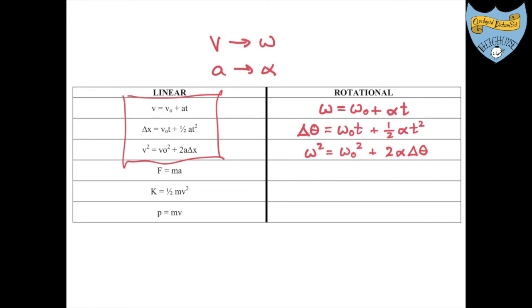Since it works exactly the same way, you could be presented with a question where they give you something starting from rest in a rotational sense, so angular velocity of 0.